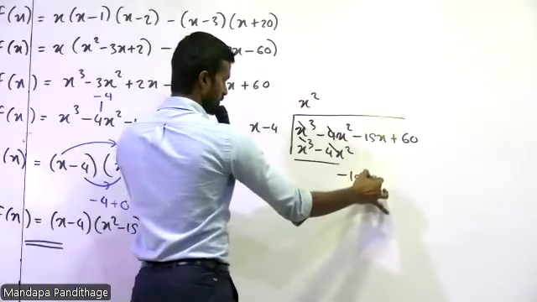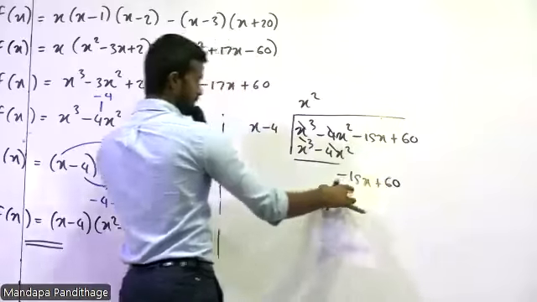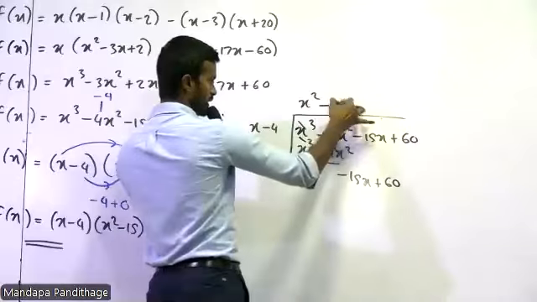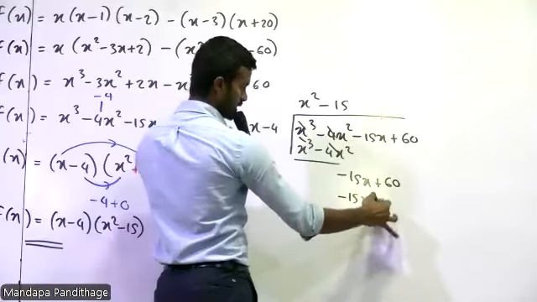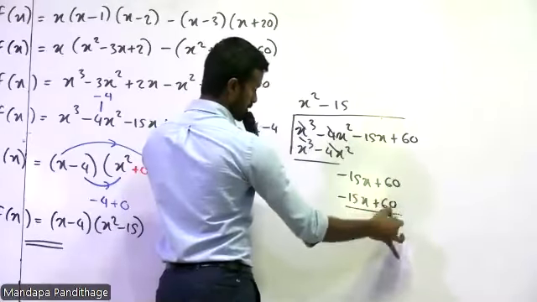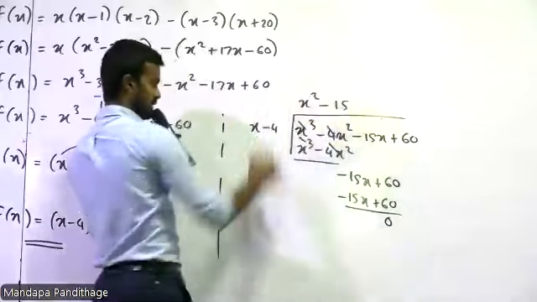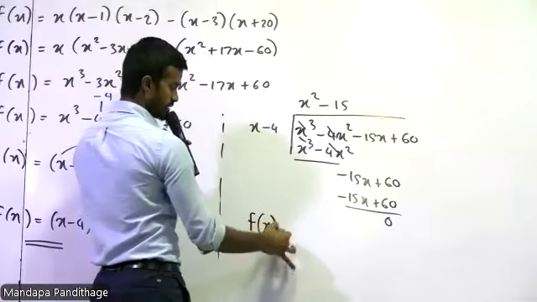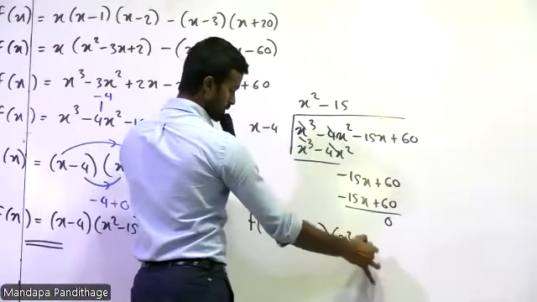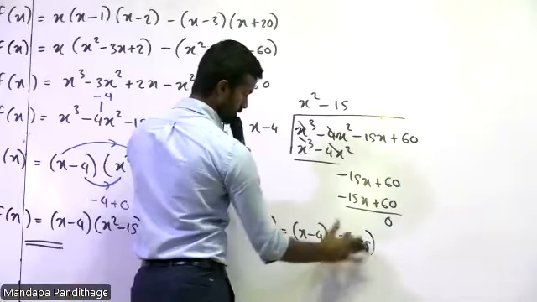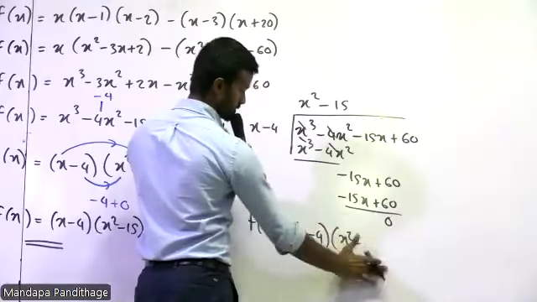So it's minus 15x plus 60. Minus 15x divided by x is minus 15. When you multiply minus 15 by x minus 4, you get minus 15x plus 60, so the remainder is 0. So here is the other factor. f(x) is equal to (x minus 4) and (x squared minus 15). So you can get the answer from either method, long division or this one.